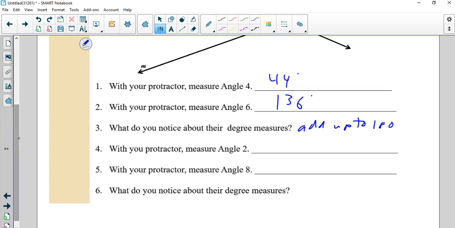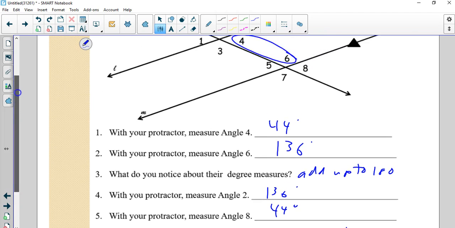So 2 and 8, well, angle 2 is 136, and angle 8 is 44. And what do you know about them? Well, they're also supplementary. They add up to 180. And remember, we talked about this before.